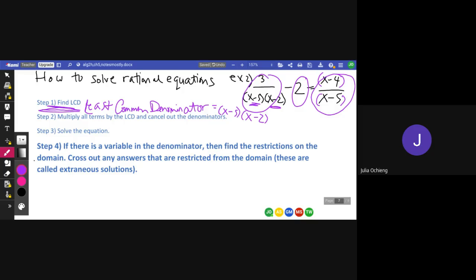Because it has to have both expressions or both factors in it, and then the other denominator already has an x minus 5 in it, so I don't need to put in another one.